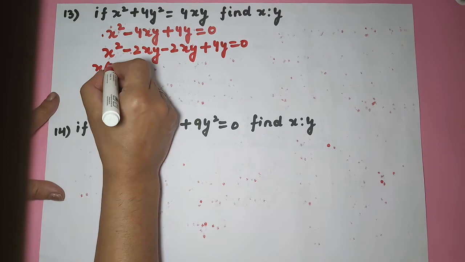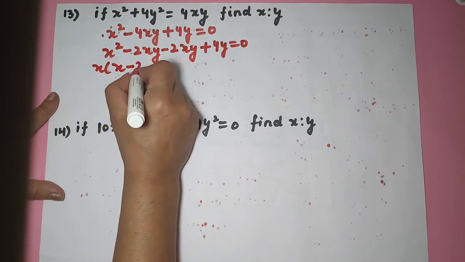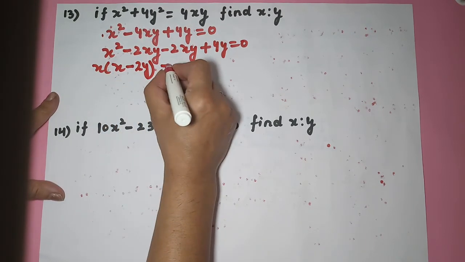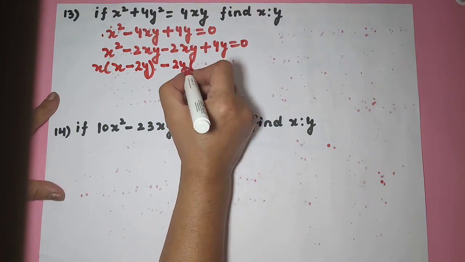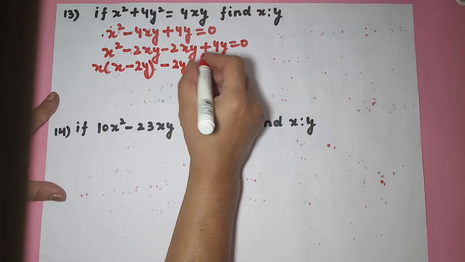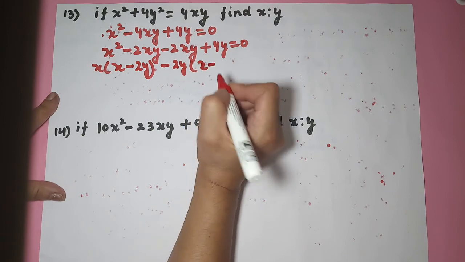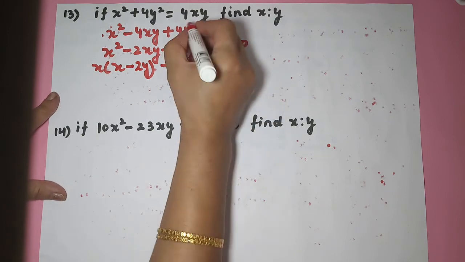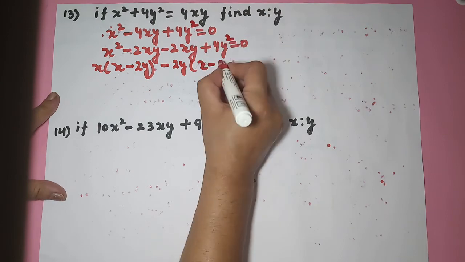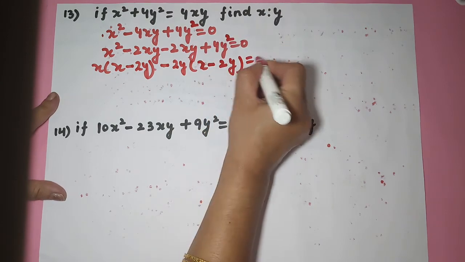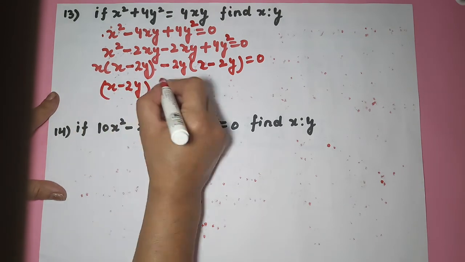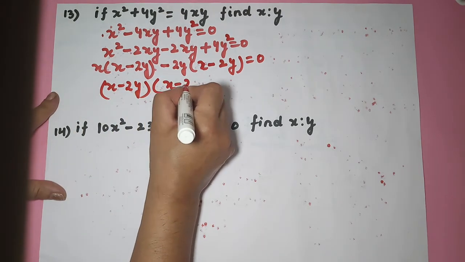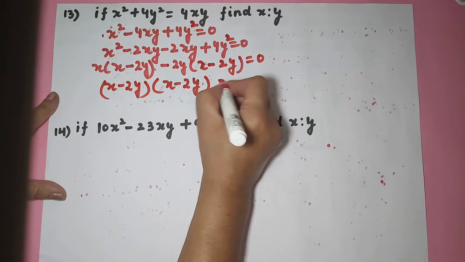Take x common, you will get x minus 2y. Here take minus 2y common. Take minus 2y common, what will you get? X minus 2y, oh this is 4y square, equal to 0. Now you have x minus 2y into x minus 2y equal to 0.